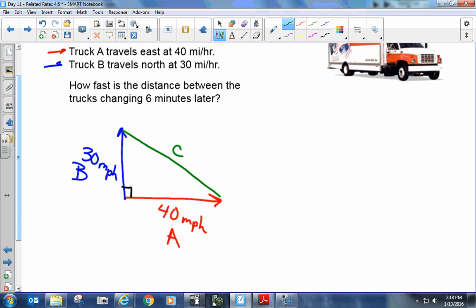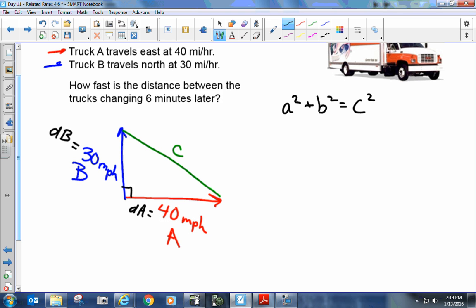The Pythagorean theorem, all right? So that is a squared plus b squared equals c squared. But a isn't 40, b isn't 30. This is actually the change of a. It's moving. That's the movement. This is actually the change in b.